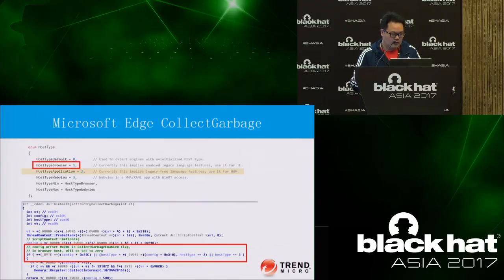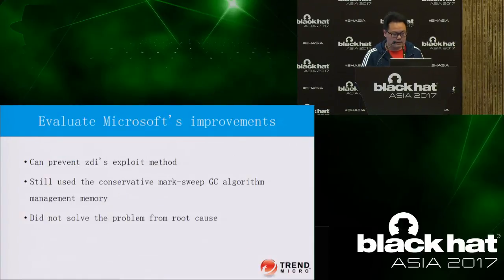When the host type is the host type browser, and the configuration offset 30C is set, and the host type is equal to 1, not equal to 2, not equal to 3, this statement will not be run, and we just return a value. So in the browser, when you call collect garbage, this function does nothing, just returns a value.